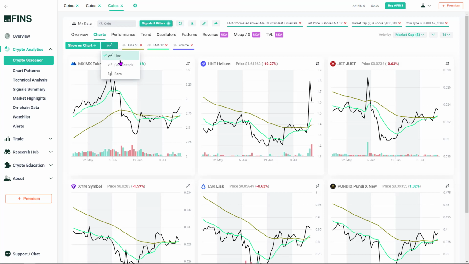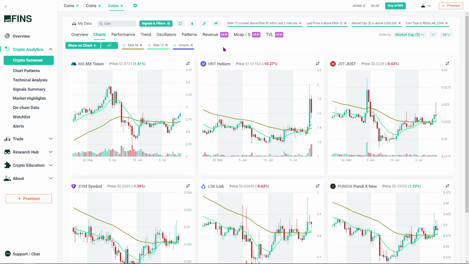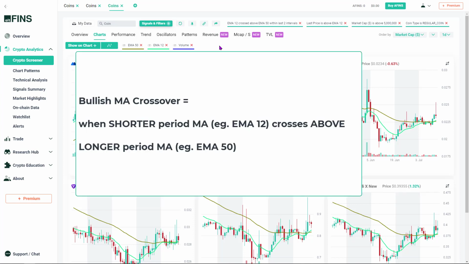Actually, I prefer candlestick charts. And so using the 12-day moving average and the 50-day moving average can kind of smooth out the trend. And typically the bullish crossover happens when the shorter term moving average, in this case the 12-day moving average, crosses above the longer term and slower moving average, which is the EMA 50, the 50-day moving average.